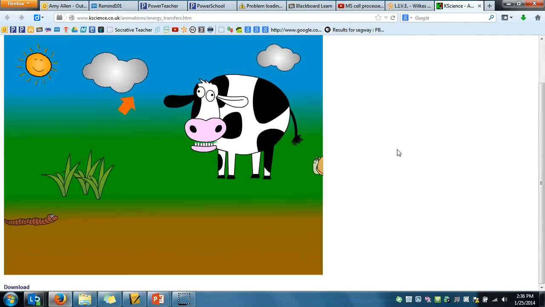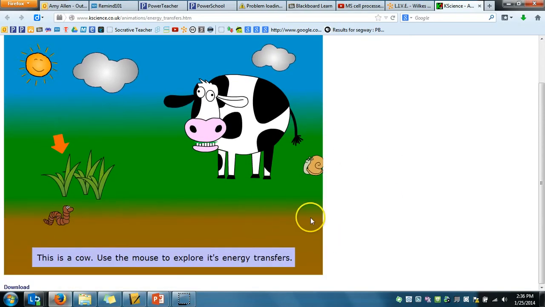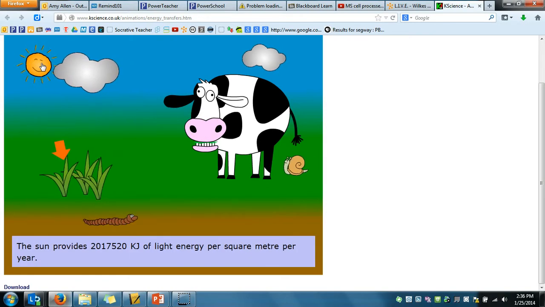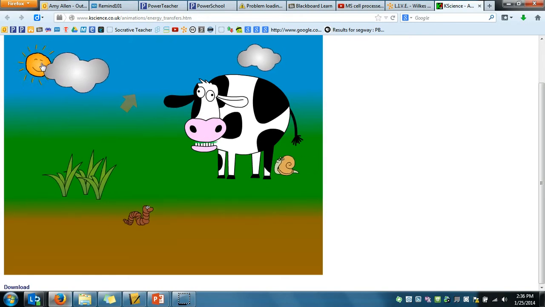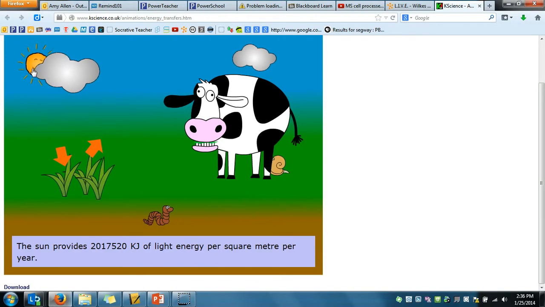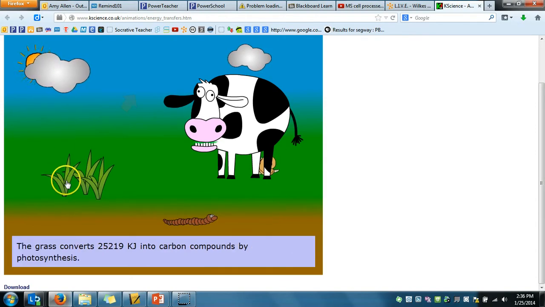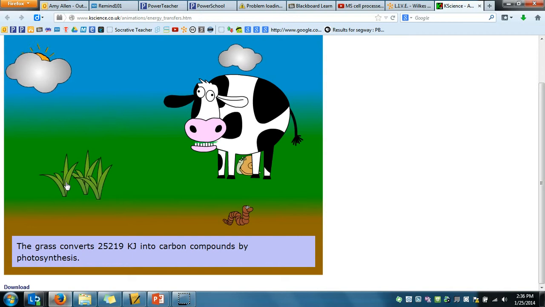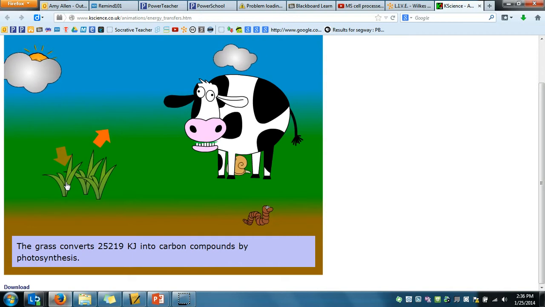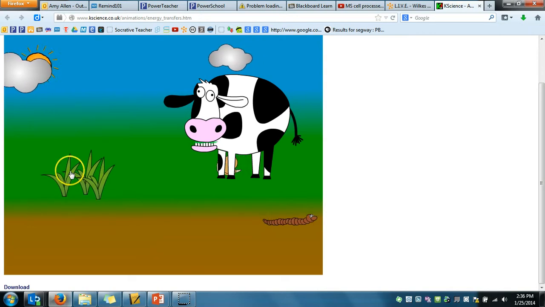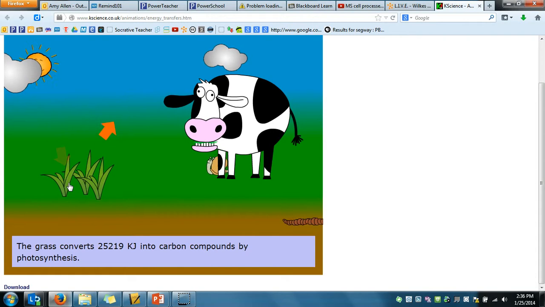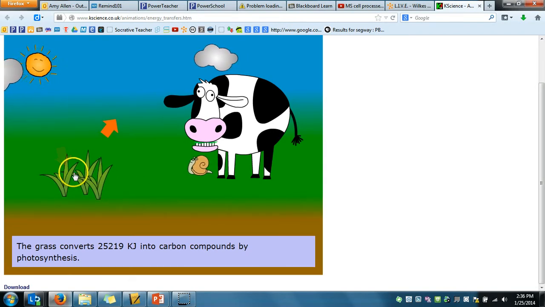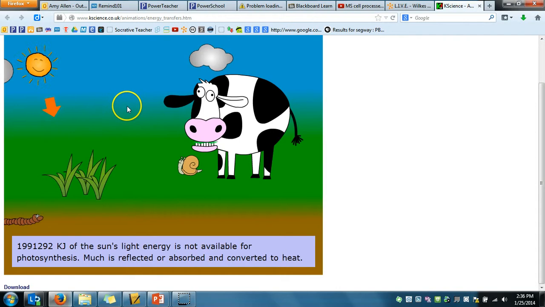So here we have a happy farm picture. We have the sun. The sun provides a lot of kilojoules of light energy per square meter. That sun's energy, if we follow the arrow, gets transferred down into the plants of the area. And it says the grass converts about 25,000 kilojoules of energy into carbon compounds through a process called photosynthesis.